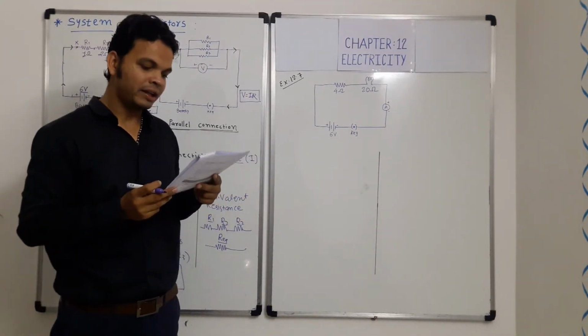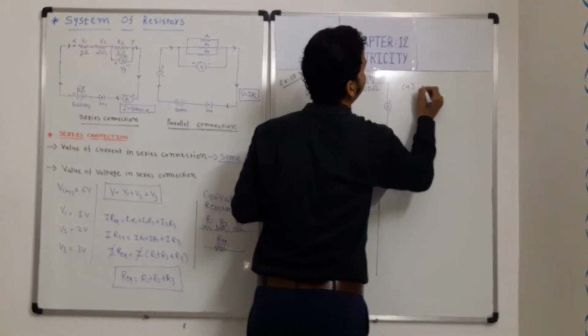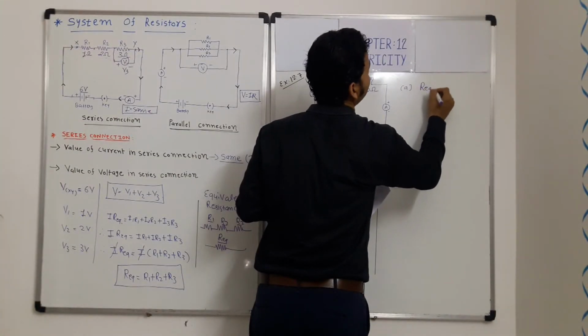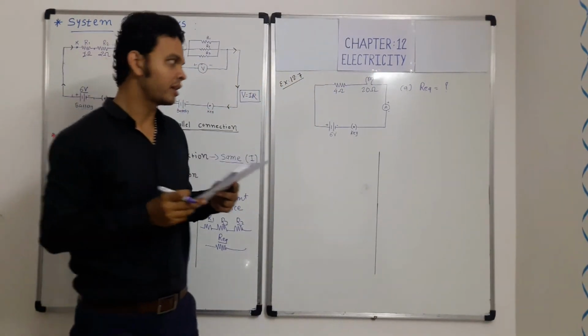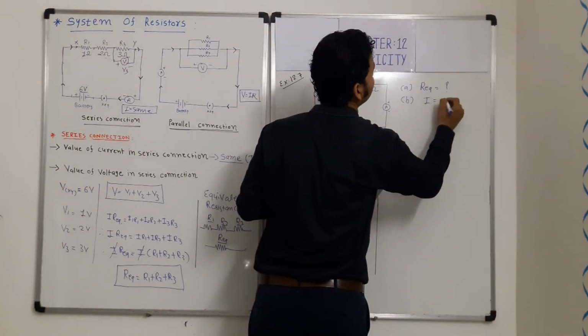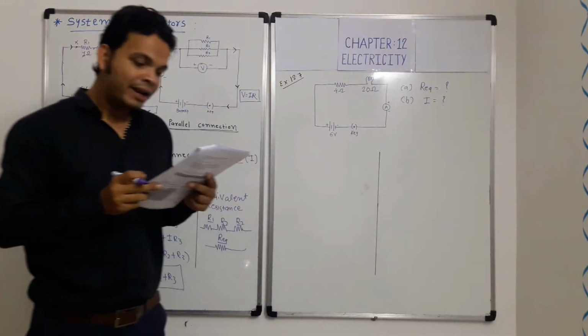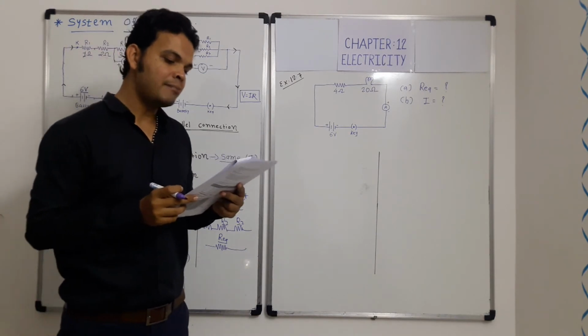Then calculate A, the total resistance. In part A, we need to find the total resistance, that is nothing but R equivalent. Then B, the current through the circuit. And C, the potential difference across the electric lamp and the conductor.